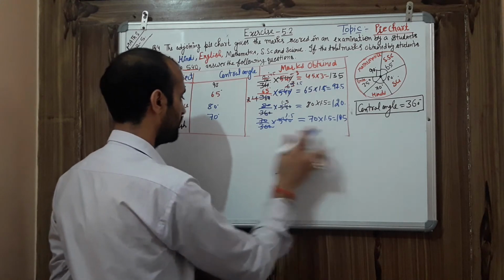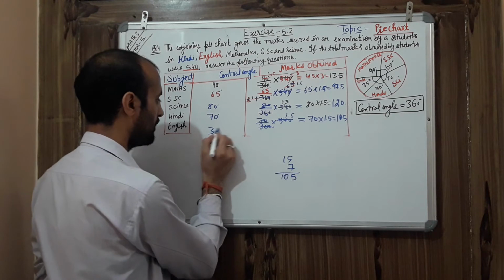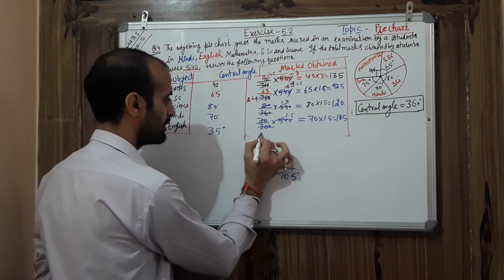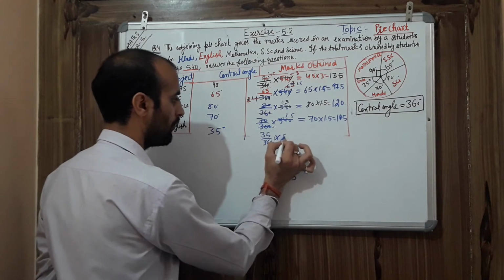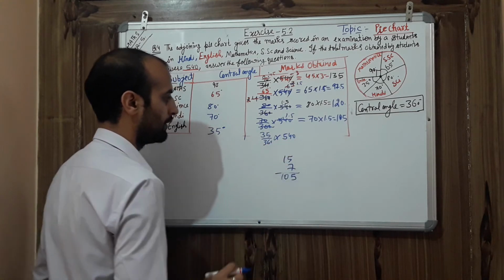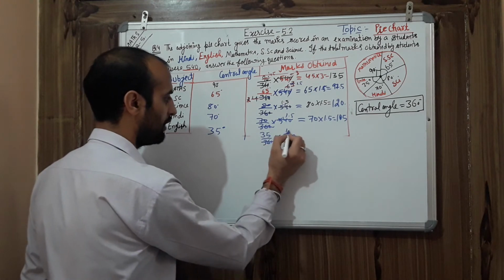Next part we have here is related to English, and for English the angle is 35 degrees. Similarly 35 upon 360 into 540. Once again, if you calculate this, you can cancel directly to 1.5.